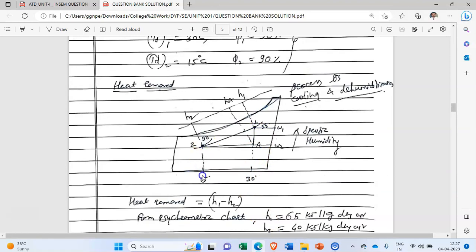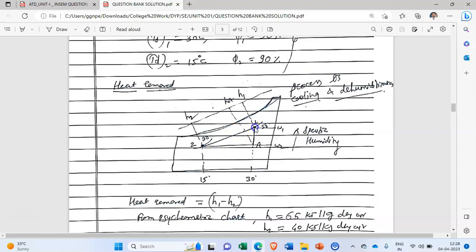At 15 degrees Celsius and 90% relative humidity, we mark point number 2, and we join points 1 and 2. Out of the 8 processes we have studied, this is a cooling and dehumidification process. On the right side there is the specific humidity. This value is H1, this is H2, and this is HA.